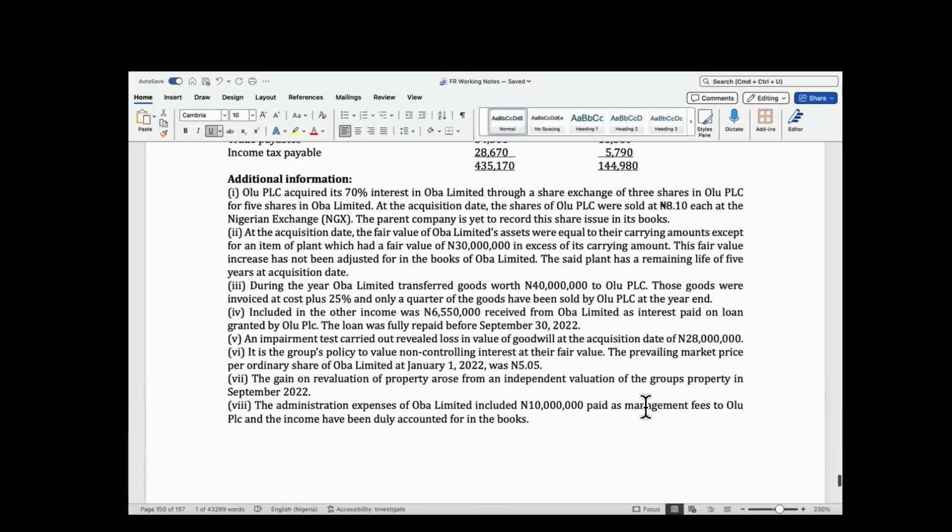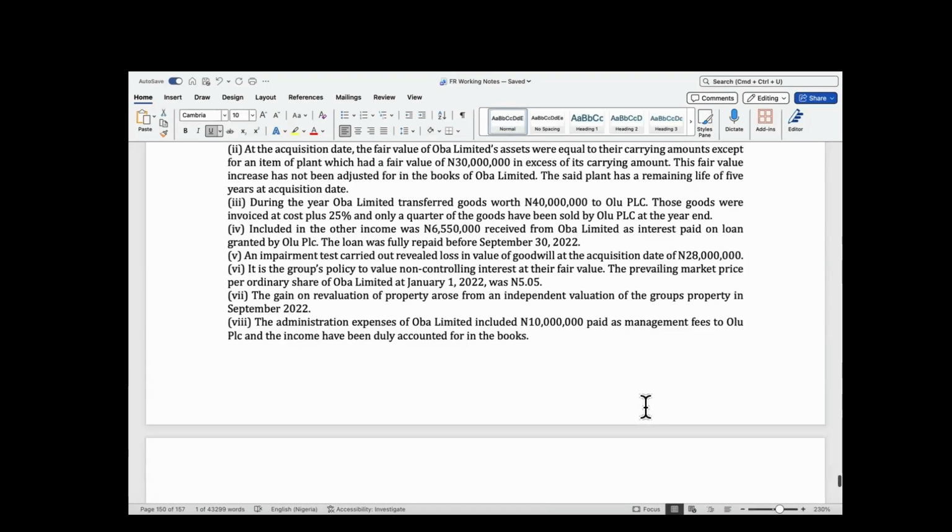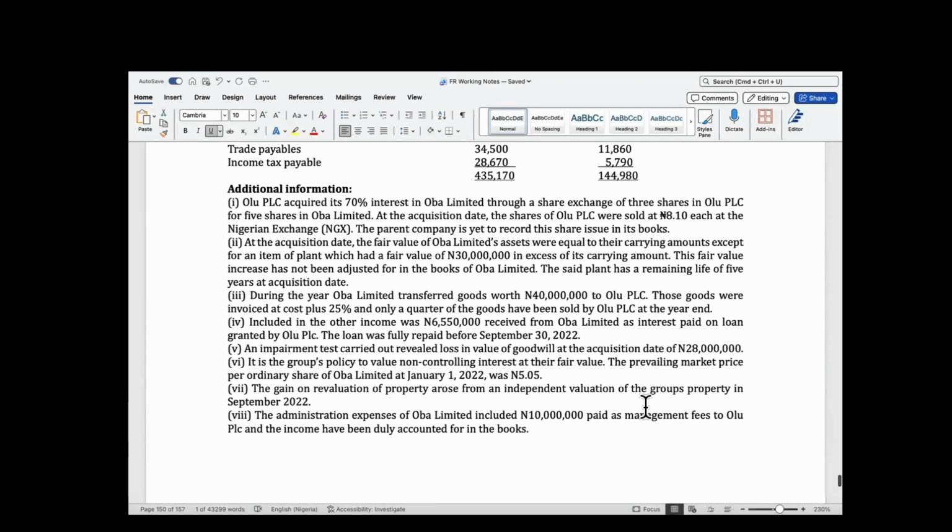The reason why I would not have done that, when was it valued? Okay, this is it. The gain on property revaluation was done at the end of the year. So it's a reserve at the end of the year. So am I supposed to prorate that again?